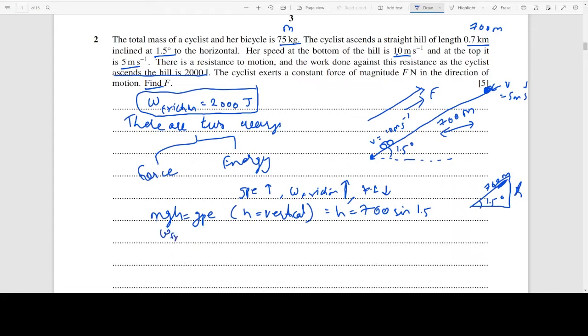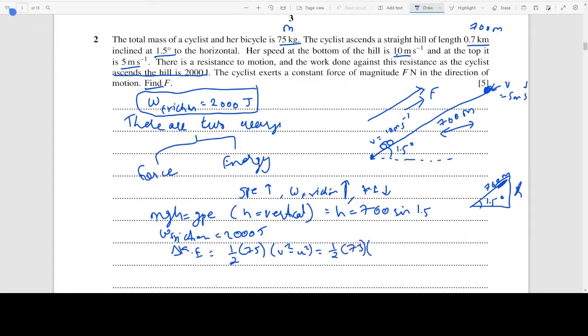And work done against friction is 2000, and kinetic energy is half into m into v square minus u square, which is basically delta KE, actually the change in kinetic energy, which is half m.